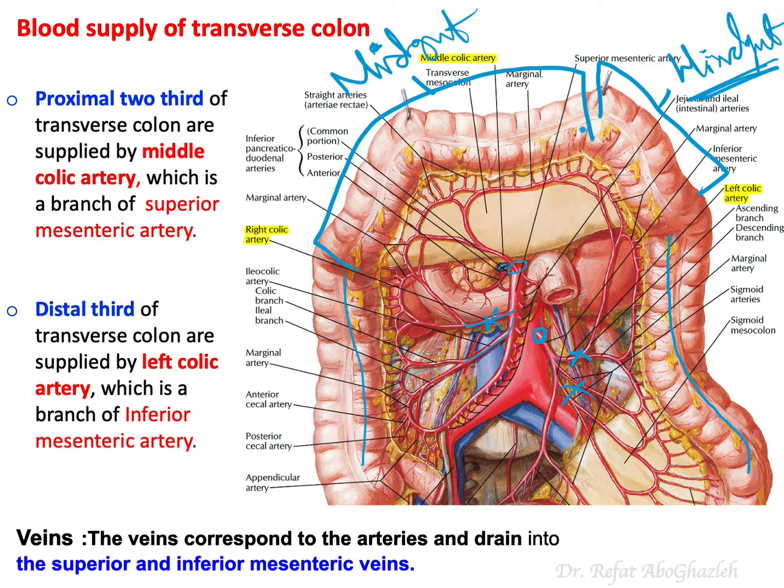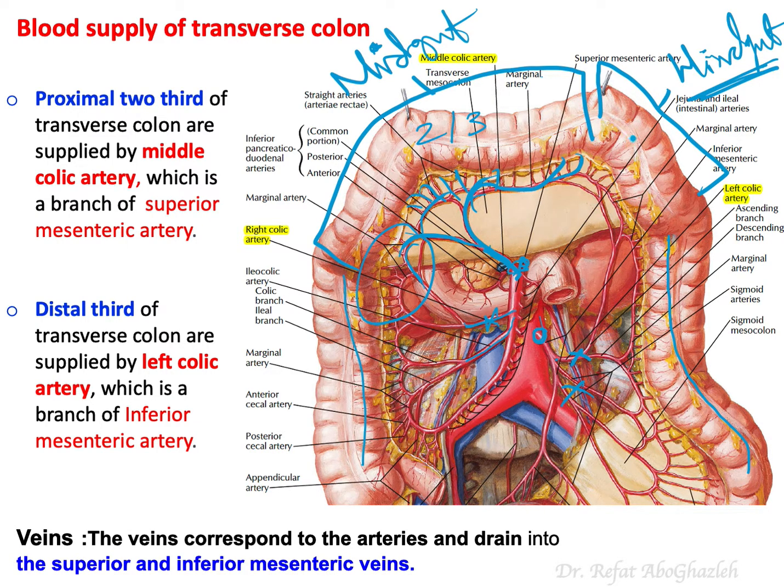That means the proximal, right two thirds of the transverse colon is supplied by the superior mesenteric artery, exactly from the middle colic artery. The middle colic artery anastomoses with the right colic, forming the marginal artery. Remember, the transverse colon is in the middle, so middle colic artery, right?